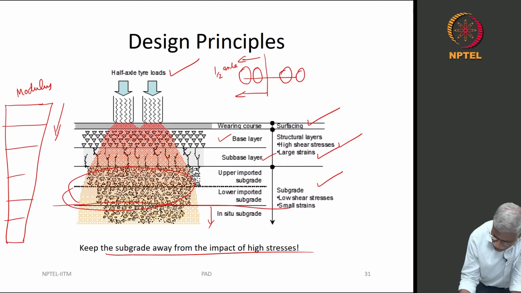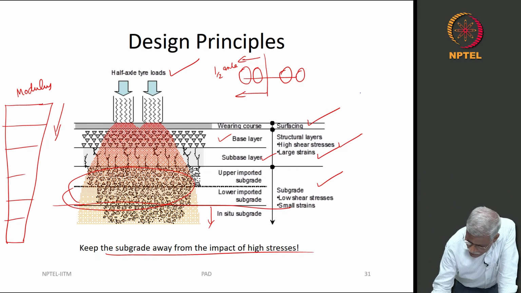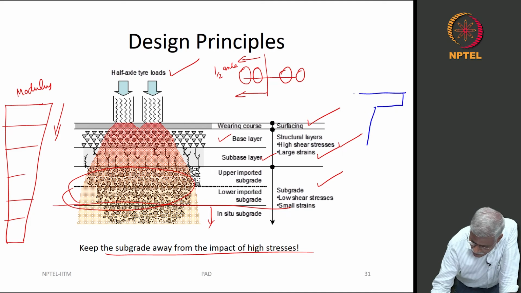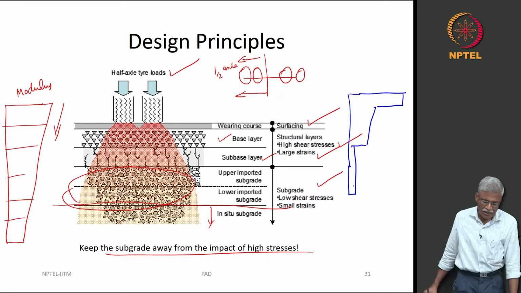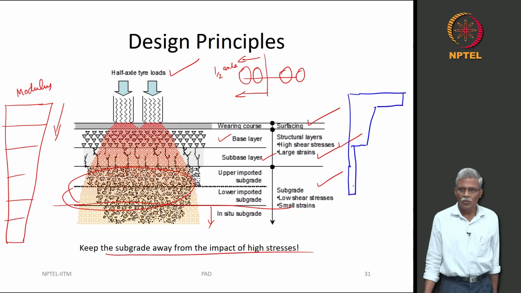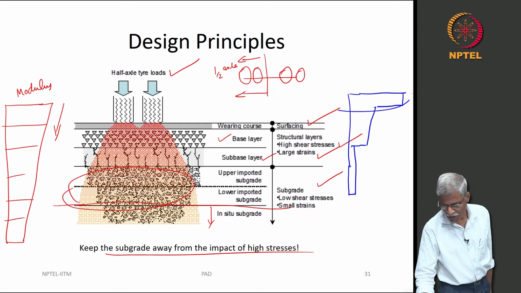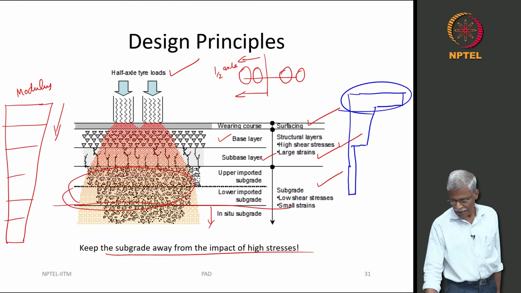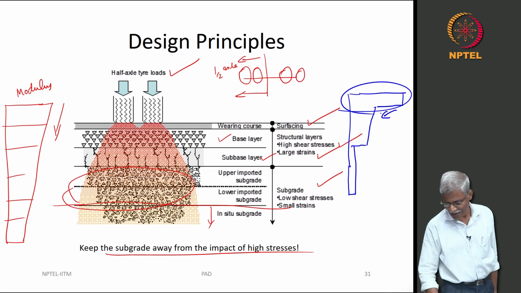Now, instead, let us do something else. Let us say we do something like this. What can happen? This is a stiffer layer and there is a drastic discrete jump here, then there is another jump here.